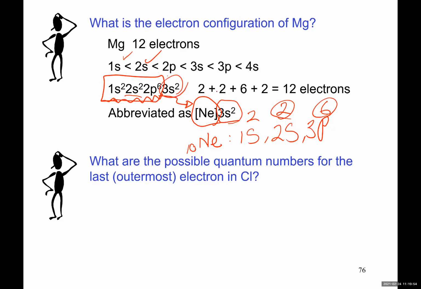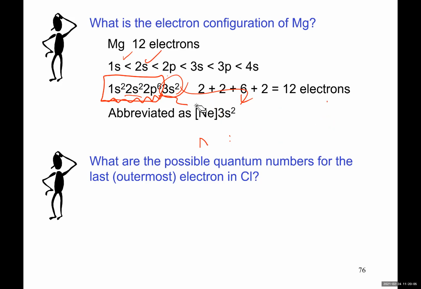If I do this, this is shorthand notation. We call this noble gas configuration, because we are using neon, which is a noble gas, belonging to group 8A.